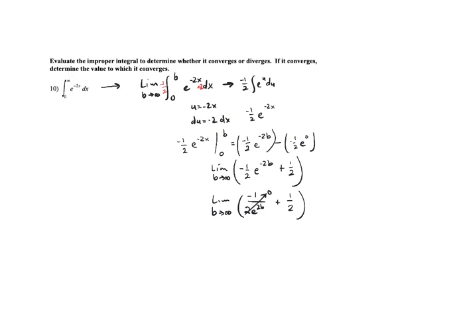And so we're able to evaluate this limit, even though we have infinity here. Because this value tends towards 0 as b approaches infinity, we treat it as 0. 0 plus 1/2 is 1/2, so we say it converges to 1/2.